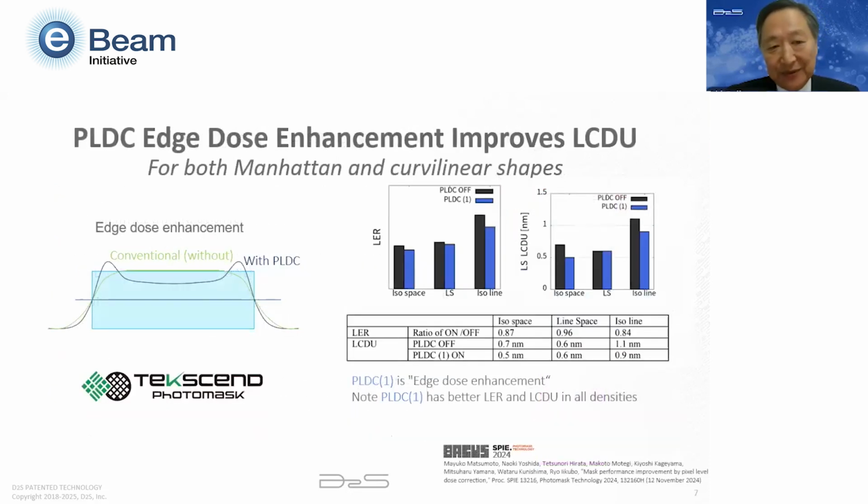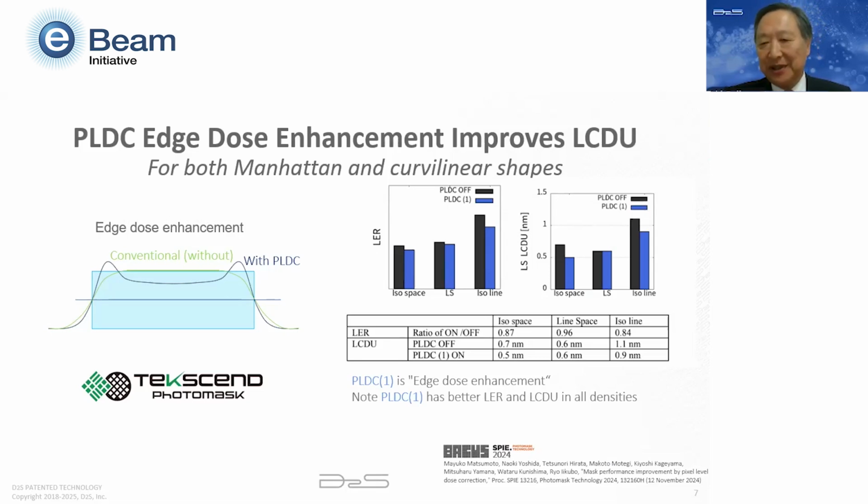Now, the Tekscend paper specifically talked about uniformity. Uniformity enhancement is not something conventional, traditional MPC capabilities do anything about. They correct for linearity, but they do not improve LCDU.